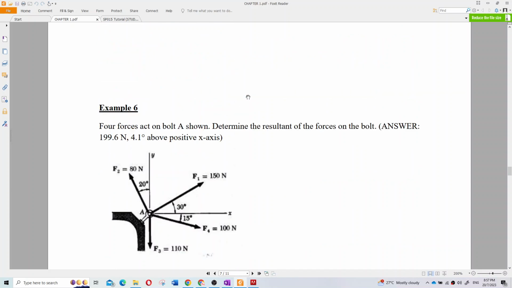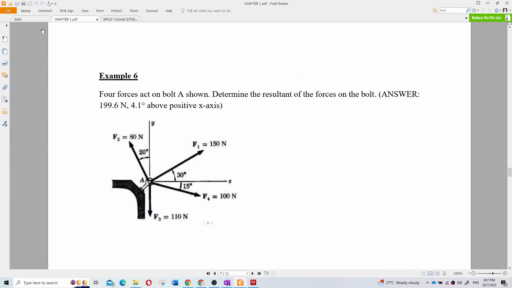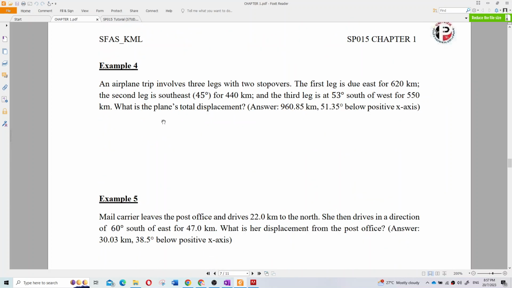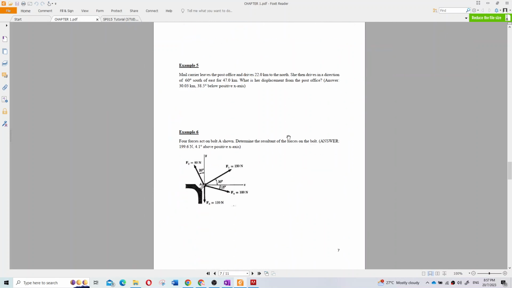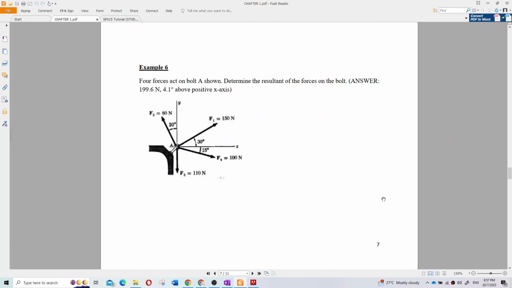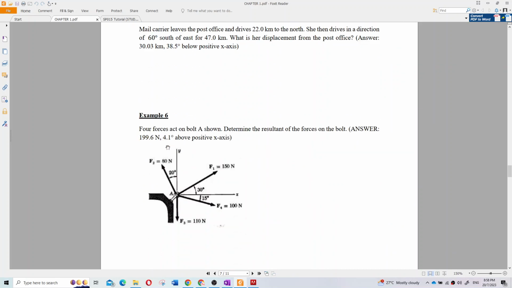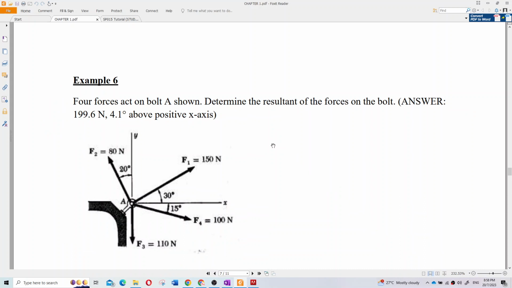If you have extra time, you can do other examples, example 4 and example 5 in page 7 of the lecture note, you can do all the questions 4, 5, 6. But I personally choose this question. If you don't have much time, you can at least do this one question for me. Example 6.